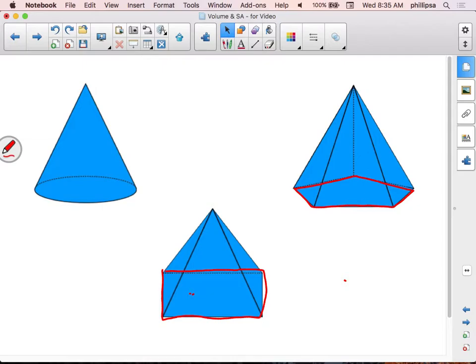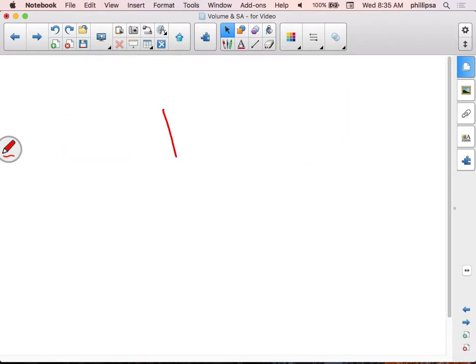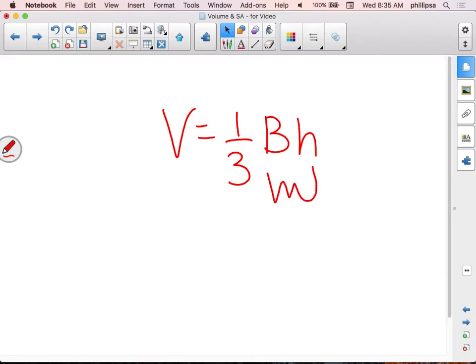So because these are 1/3 of all of your total prisms, we actually will find our volume by doing 1/3 of the way that we found the volume of our prisms. Okay, so this is how you find the volume of your prisms.